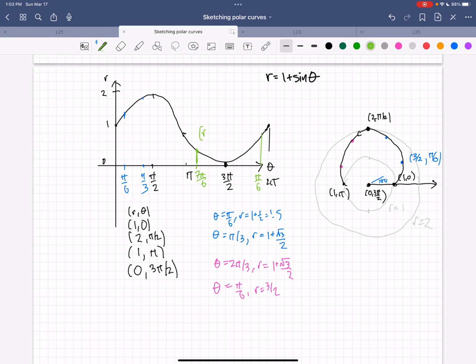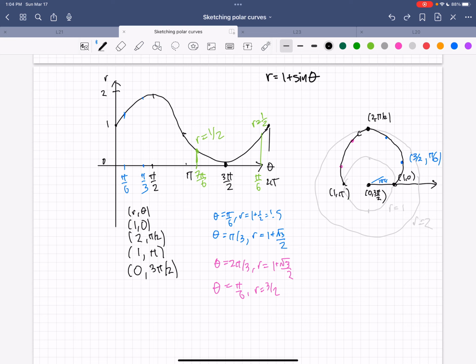Here we'll actually get r equal to 1/2, and same at 11 pi over 6, because normally sine is negative 1/2 there, so we just add 1. So that means we get those points, 5 pi over 6, 11 pi over 6.